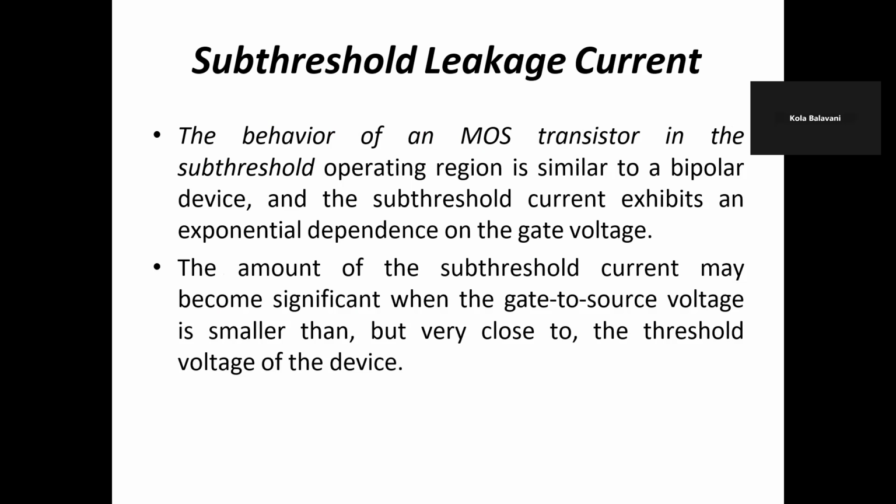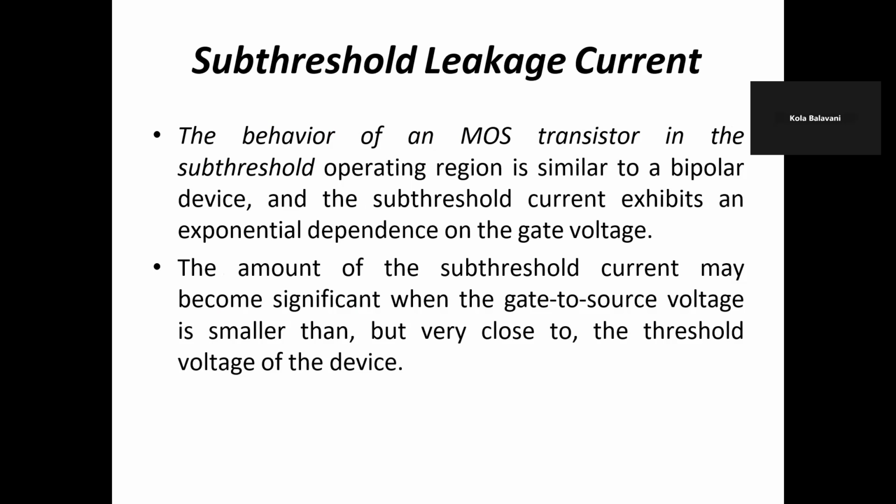In this situation, the behavior of the MOS transistor in the subthreshold region is similar to a BJT, and the subthreshold current exhibits an exponential dependence on gate voltage. The subthreshold current becomes more significant when the gate-to-source voltage is smaller than or very close to the threshold voltage of the device.